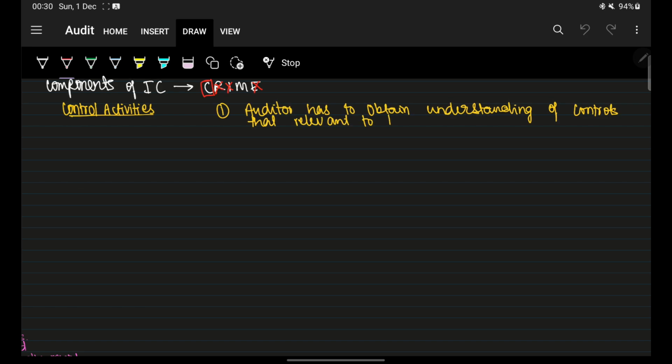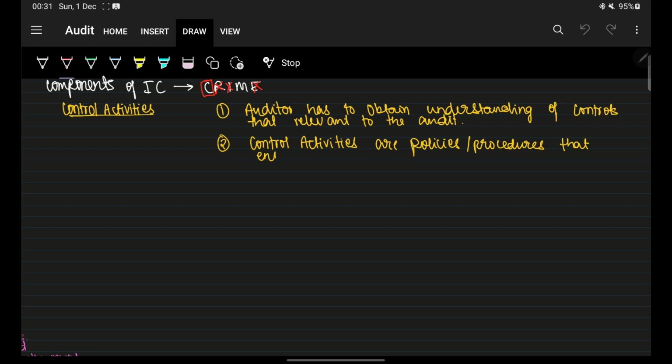The second point was the meaning of what control activities are. Control activities are policies or procedures that ensure that the management directives are carried out.